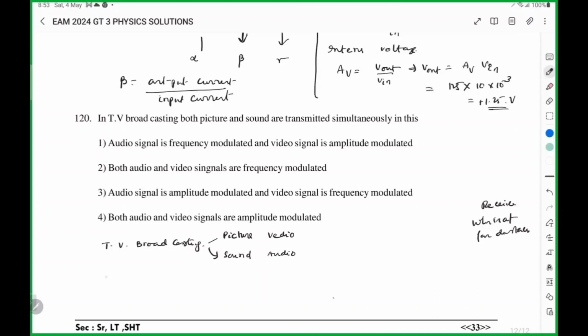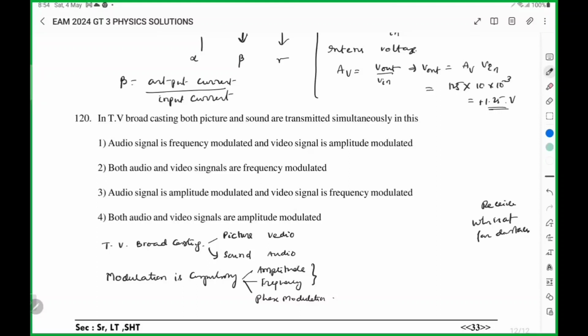So for that purpose, modulation is compulsory. There are three types of modulations: amplitude modulation, frequency modulation, phase modulation. But for TV broadcasting, it is amplitude and frequency modulations.